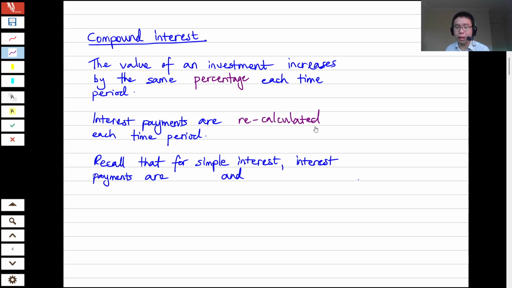If you've been paying attention in this topic, this should sound different to simple interest, which was the other type of interest that we studied. In simple interest, which we modeled with arithmetic sequences, the interest payments were fixed and do not change.